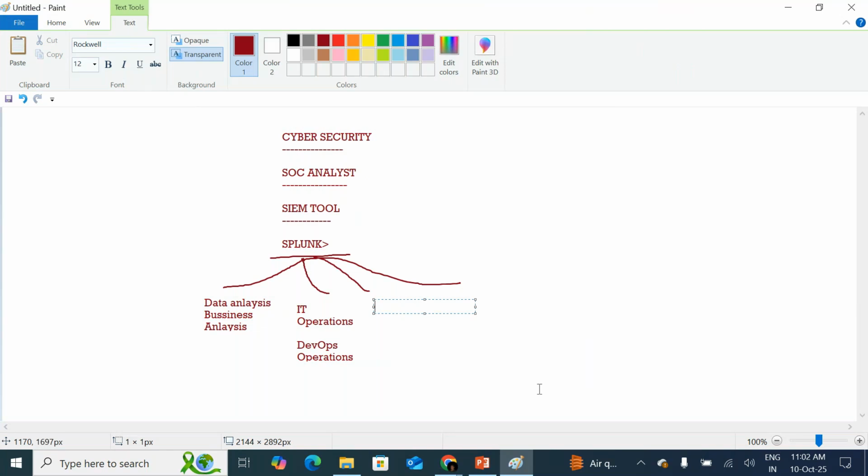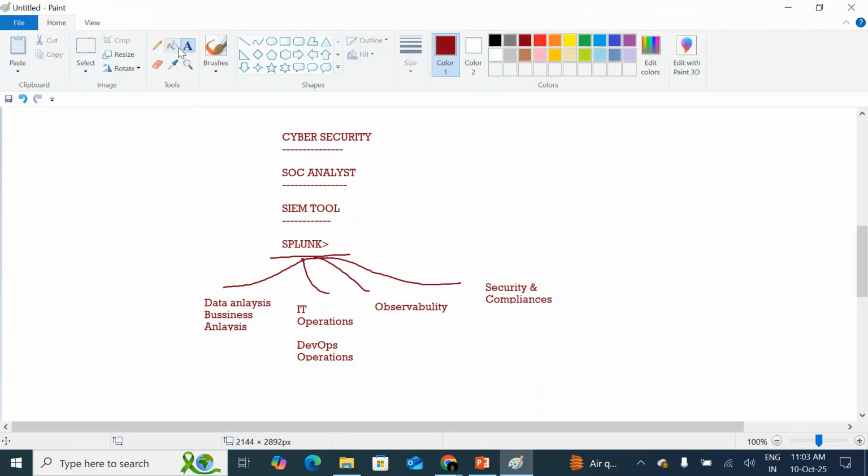Next, there is observability, and then there is security and compliance. Now I just talk about security and compliance.